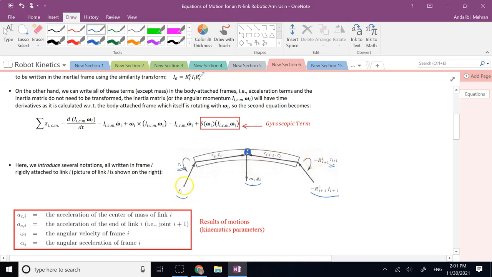And then the forces Fi and Fi plus 1 also create moments about the centroid. For them, we need to use this position vector, this one, right, and this one. We have to cross multiply those position vectors by the forces. And if you look at these vectors, they are the same as Ri, Ci, and Ri plus 1, Ci, but with the negative sign.